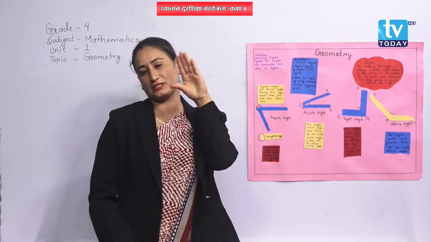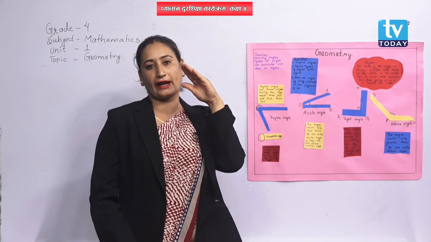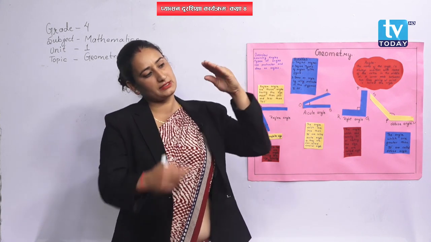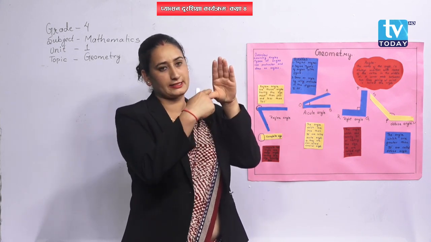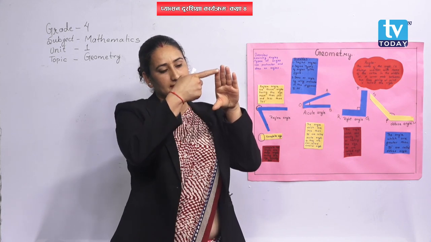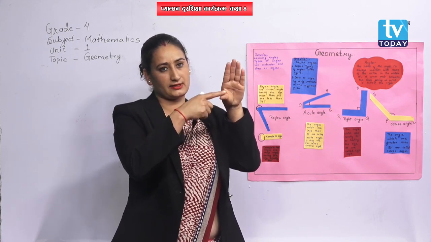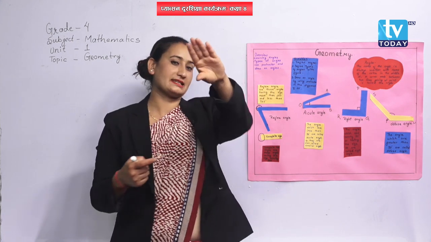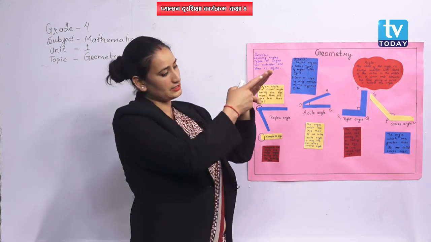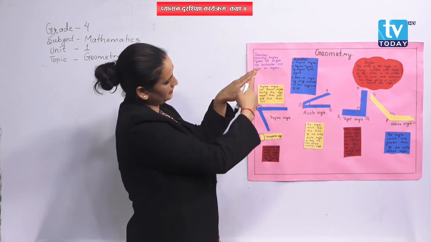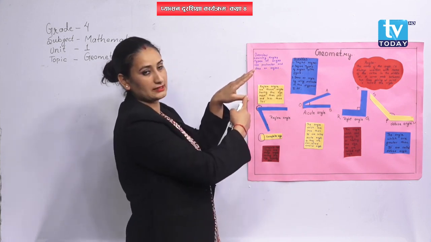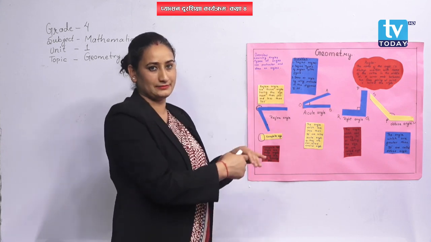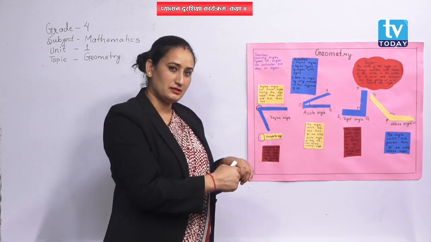We can see it from our finger also. This is a straight line and this is a straight line, and they form one small angle here. So we can say it's an acute angle. This one angle is known as the acute angle. It's a smaller angle.